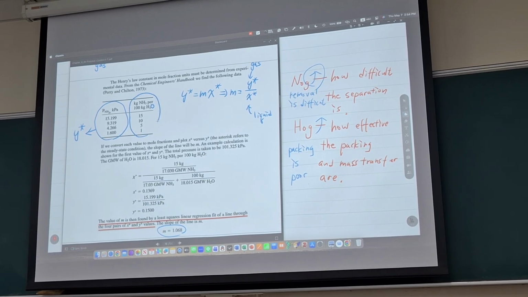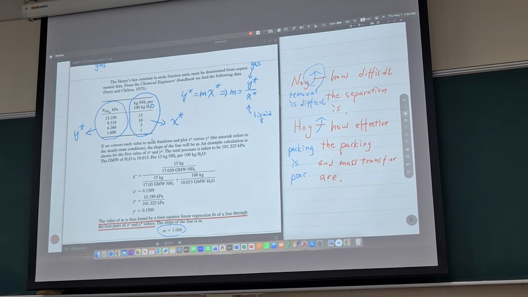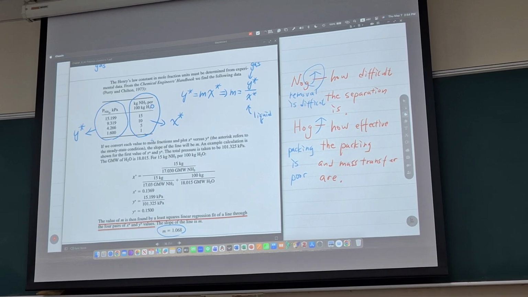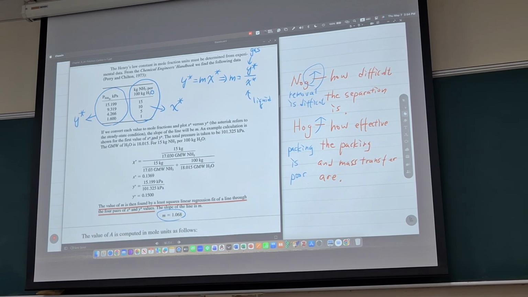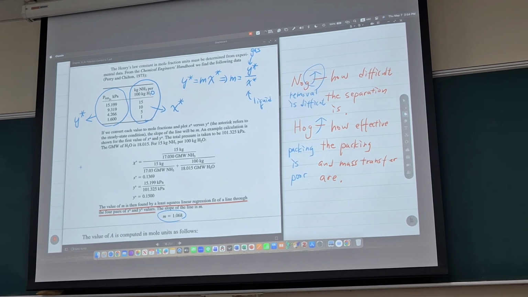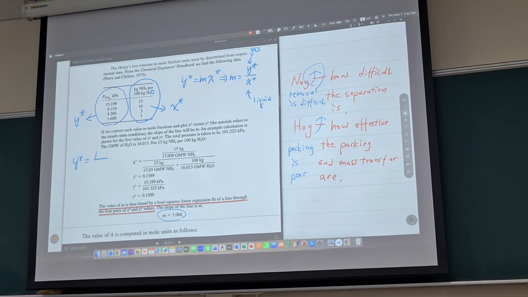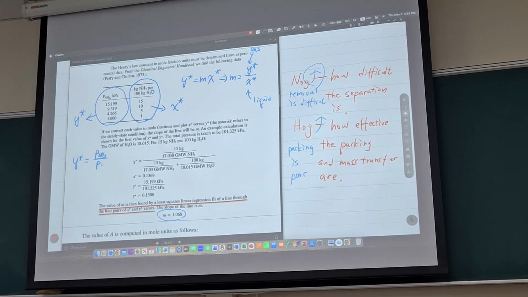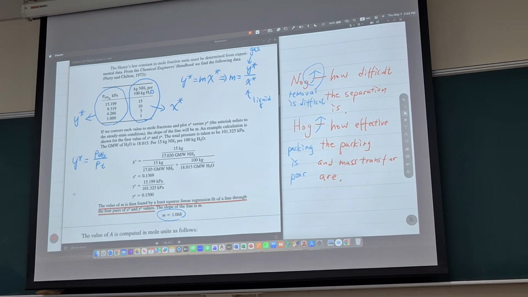We can use this to calculate X star. So Y star equals P ammonia over P total.